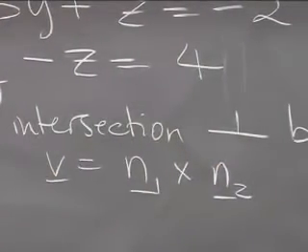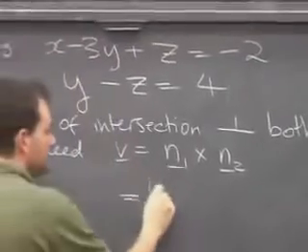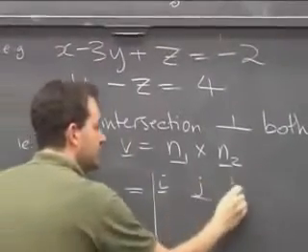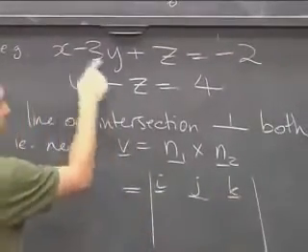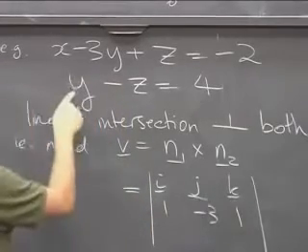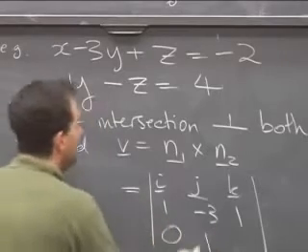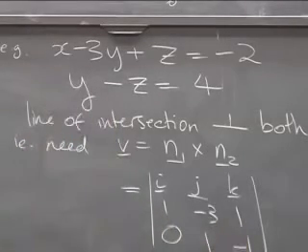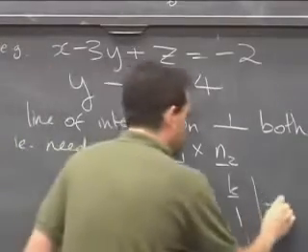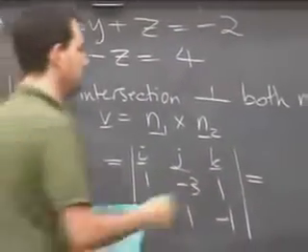Well, the normals are fairly easy to write down. It's in my ijk determinant. I take 1, minus 3, and 1, and then I take 0, there's no x coordinate, 1 in front of the y, and a minus 1 in front of the z. And so, if I work this out, I get 3 minus 1 is 2.